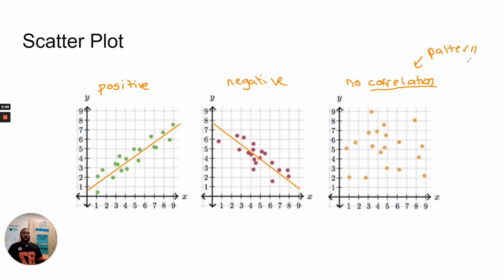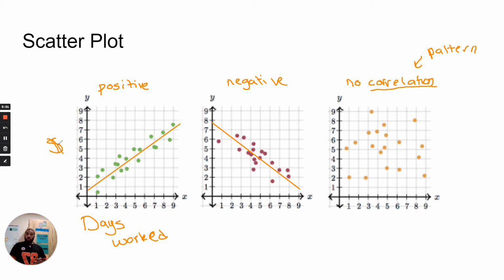Now what we're going to talk about is, what's an example of a positive correlation? Or what might this graph be showing? So, maybe this graph is showing days worked and money.